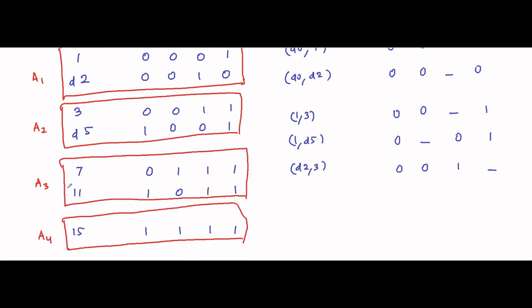Then we compare A2 with A3, and the minterm pairs are 3 7 with binary representation 0 dash 1 1, then 3 11 which is dash 0 1 1, then D5 7. As I told you, when you practice more and more questions, just by looking at the different bits, the minterms and their bit positions, you can form the minterm pairs.